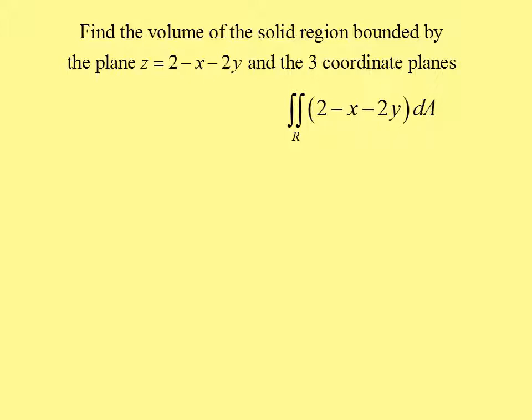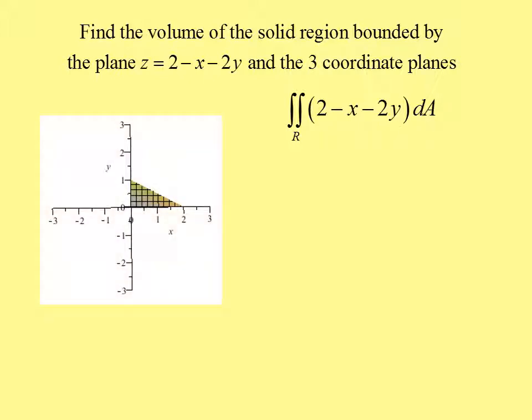To set up the area, we will twist our graph so that we're looking up or down on the image in the XY plane. So here we're just looking up or down on the graph at the image in the XY plane. That is our region that we need to be integrating over.